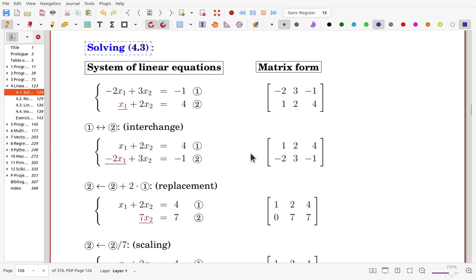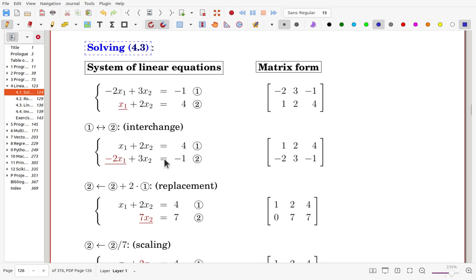Now let's try to solve the problem. Okay, this is the system of linear equations. Now that is the corresponding matrix form having essential information -3, -1, 1, 2, 4 here.